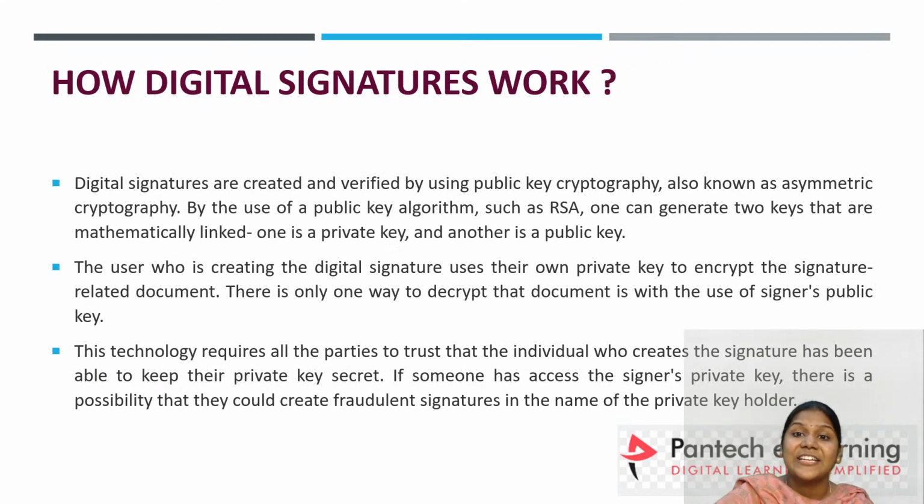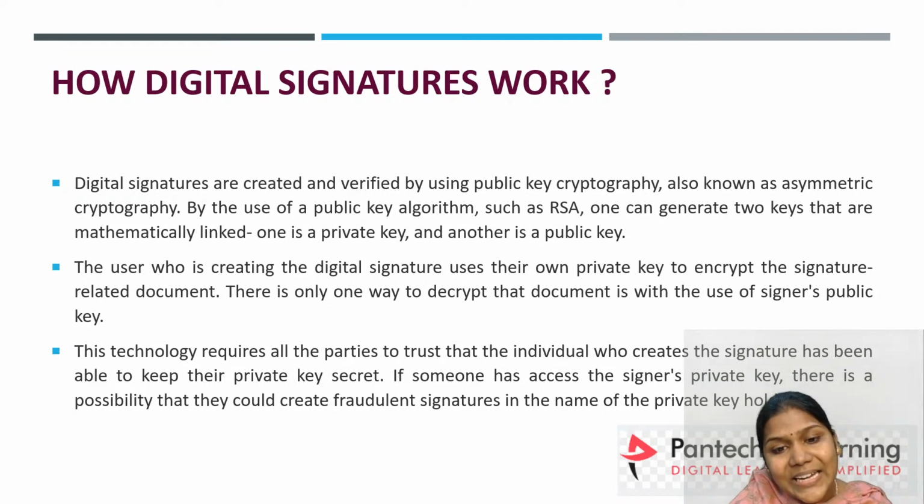How is a digital signature going to work? These are created and verified by using public key cryptography, also known as asymmetric cryptography. By the use of public key algorithms such as RSA, one can generate two keys that are mathematically linked. One is private and the other is public.